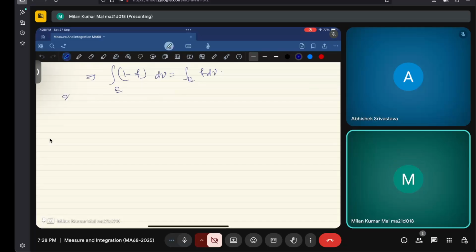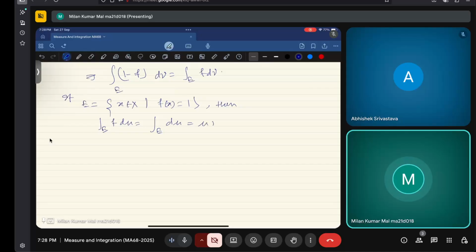Now, if E is, I mean, we are taking in particular the set of x belonging to X such that f(x) equals 1, then the integration over E of f d mu is equal to the integration over E of d mu, right?